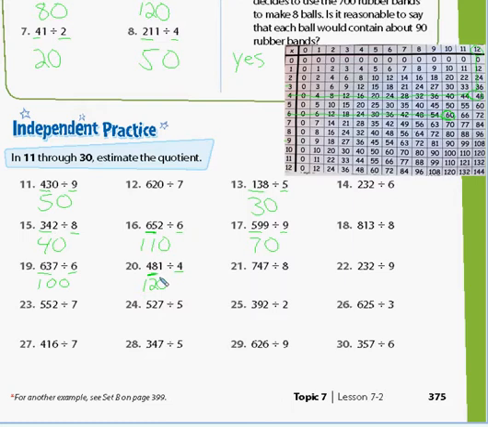Okay, go ahead and do 21. 74 divided by 8. Go to 8 on my multiplication chart. And I'm looking for something close to 74. 72 is. Follow that up. That's 9.